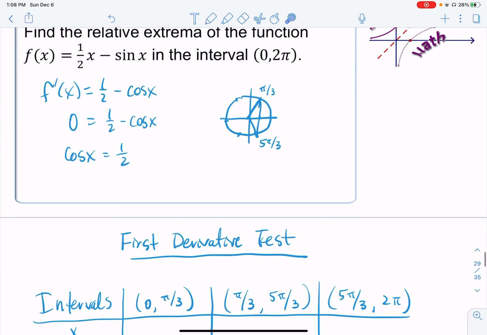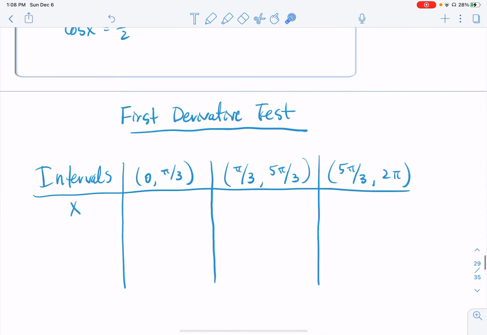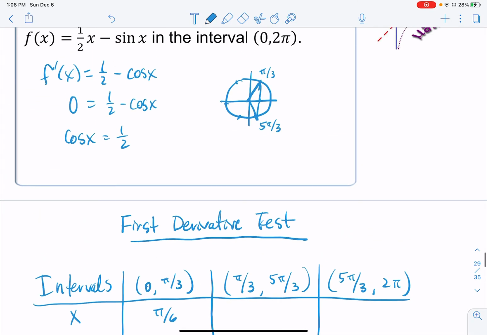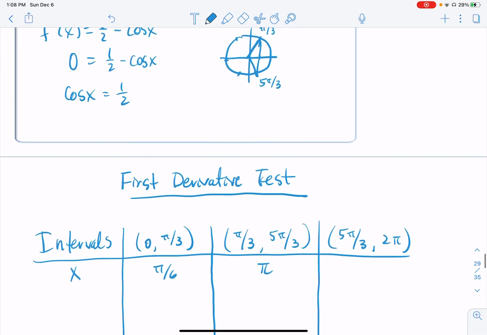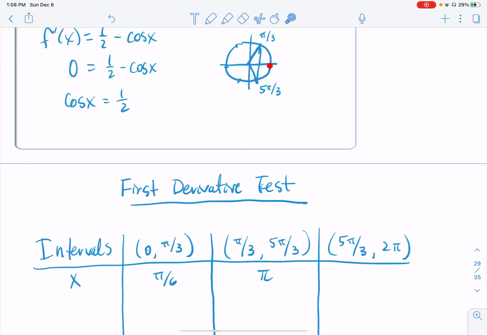Using your little unit circle, it should be pretty easy. Right in between 0 and pi over 3, how about pi over 6? Then from pi over 3 to 5 pi over 3, I would probably pick pi. And finally from 5 pi over 3 to 2 pi, maybe I pick 11 pi over 6 right there.